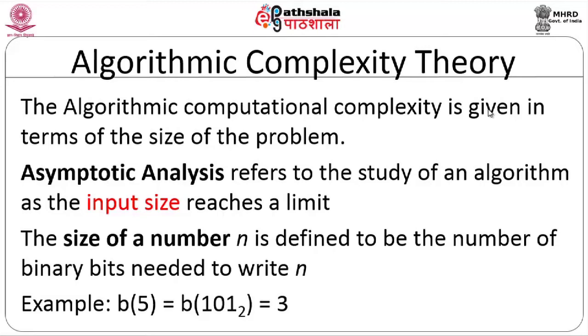Formally, the size of the number n is the number of binary bits required to write n. For example, if we take the number 5, we take the binary representation of 5, and the number of bits is going to be referred to as the input size.